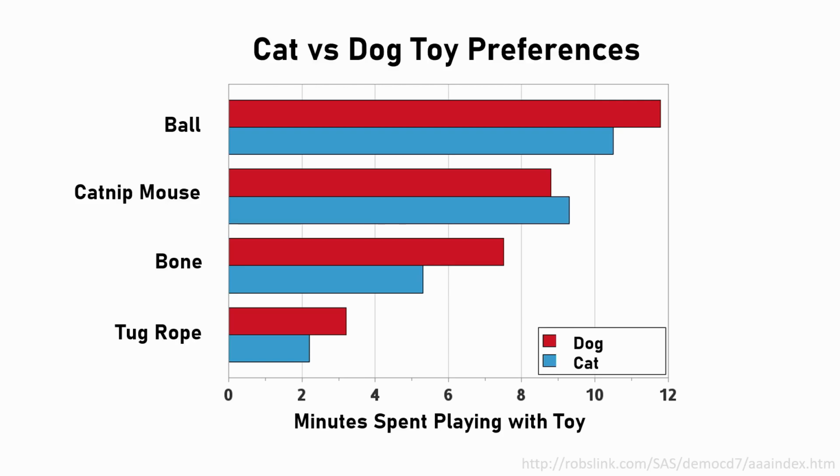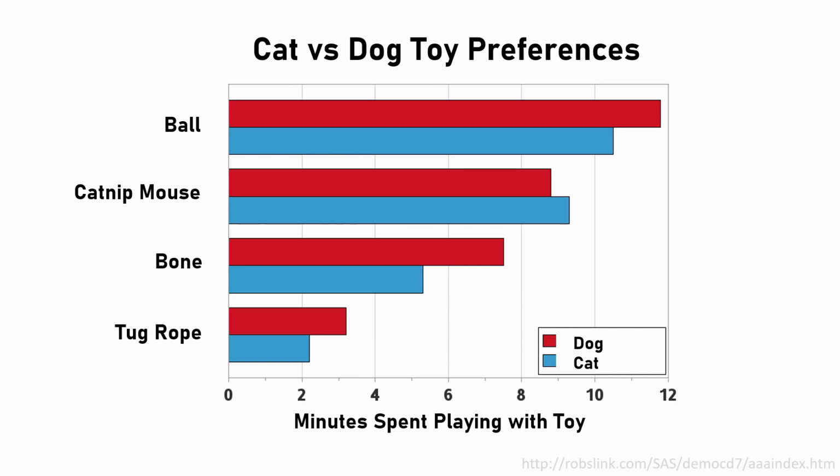For example, we might be looking at multiple variables, type of pet, and the time they spent playing with different types of toy. So we have the types of toys on the left side: ball, catnip mouse, bone, and tug rope. Then we use separate bars for dog and cat and use different colors to distinguish them, and the length of the bar indicates the minutes of time spent playing with each toy.